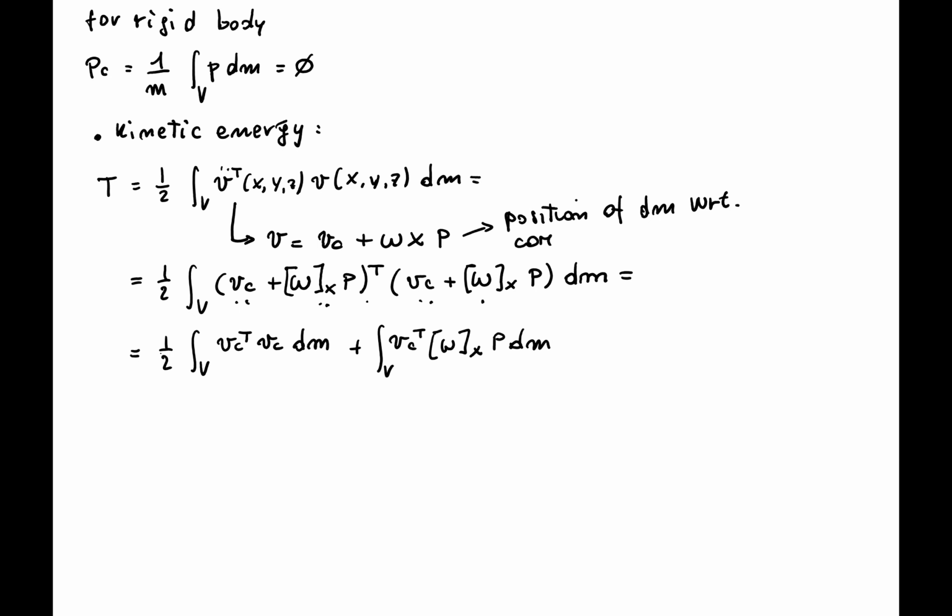Then finally we have the product of these two, so we have p transpose omega, because we transpose these two, and this is a transpose times these two.